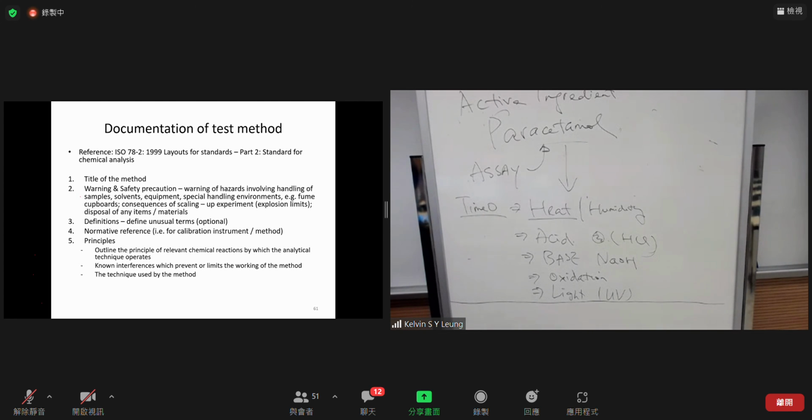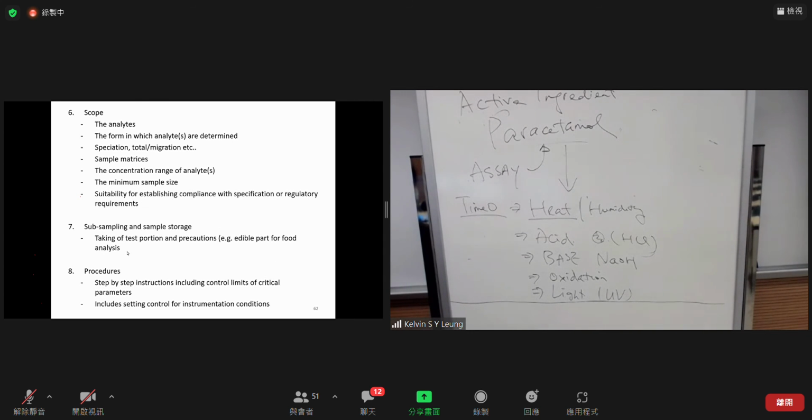You have to note the safety precautions as well, because when you perform the method validation, all these items have been addressed. So in the routine, you also need to list them in your SOP, the standard operating procedure, to let your operators who perform the test daily note what should be noted.